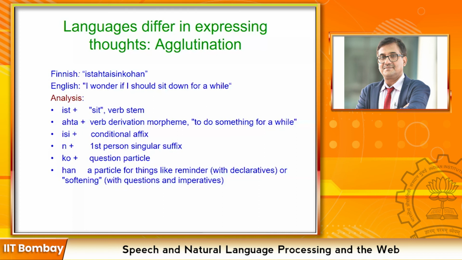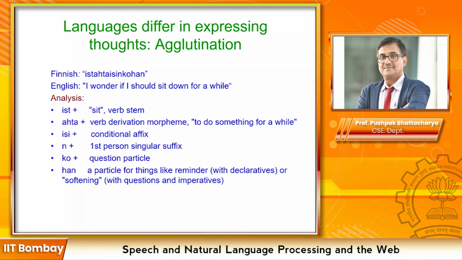Now the core of this string is ist, which is sit, the verb stem. Ahta is the verb derivation morpheme, to do something for a while. So you see, istahata. So if you just take this string, that means so much, to do something for a while. So sit for a while is the meaning.